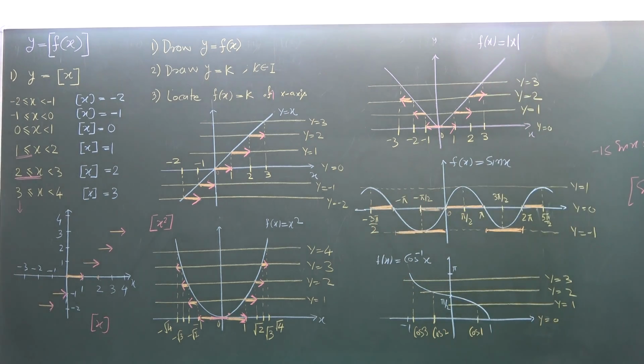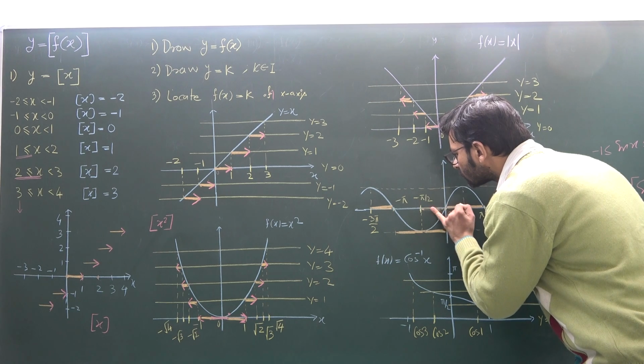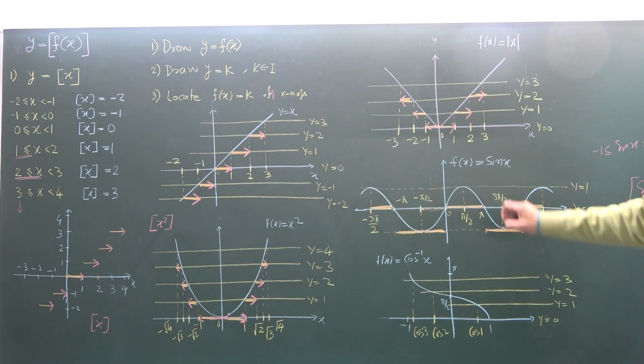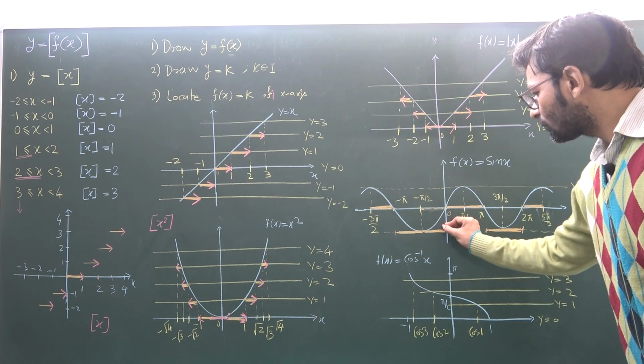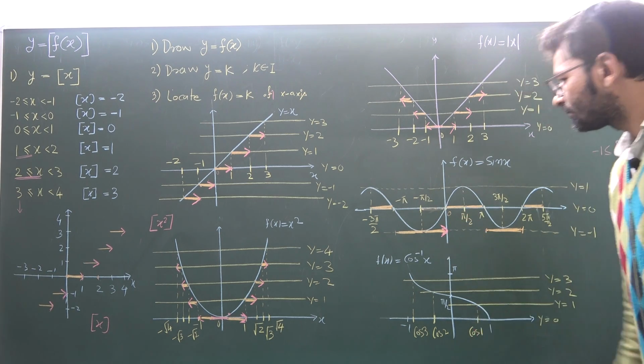Let's talk about discontinuities. What about x equals 0? If you put x equals 0, sin x must be 0, so one possibility is 0, one possibility is minus 1. It cannot be minus 1, so arrow on this particular side.